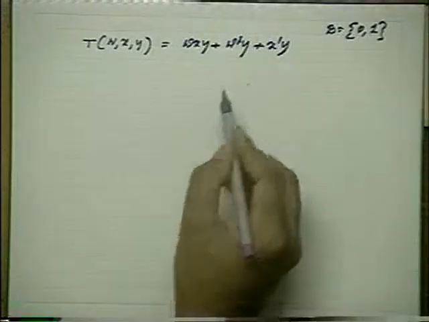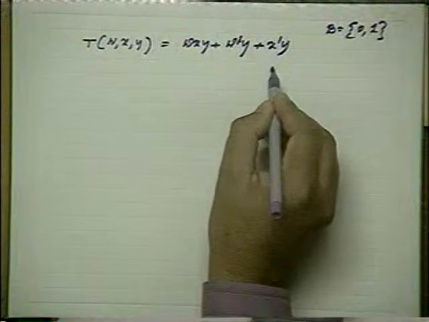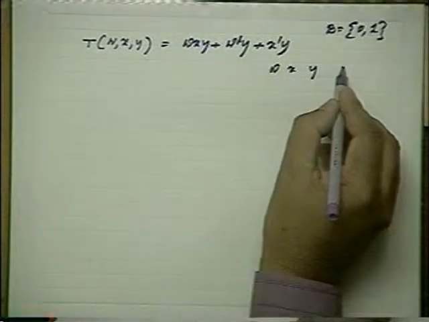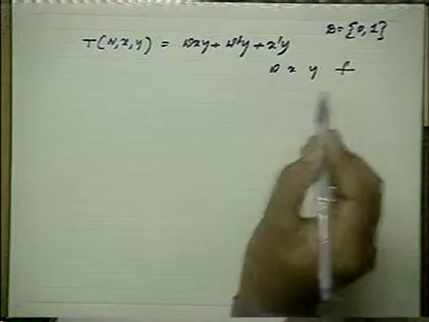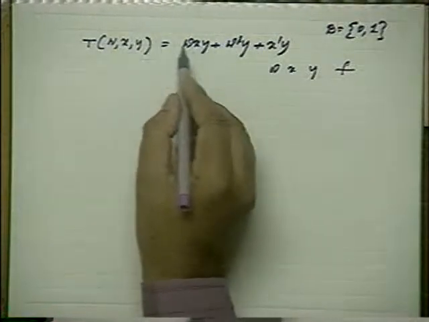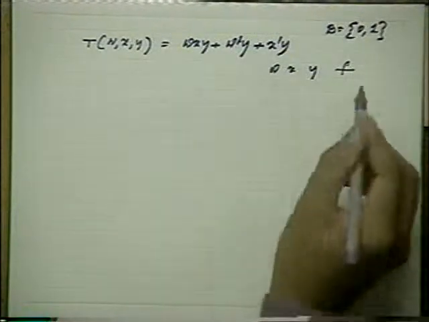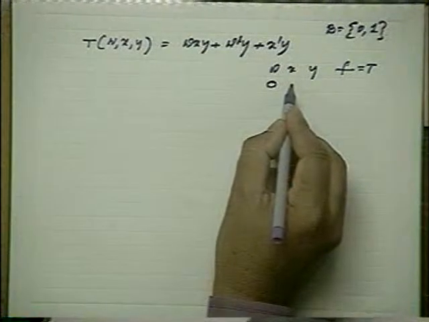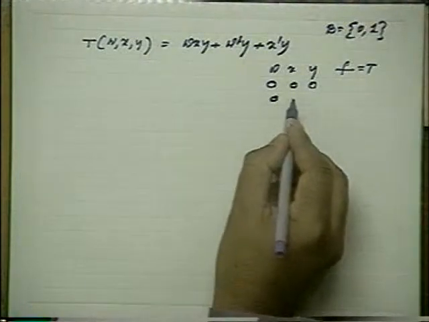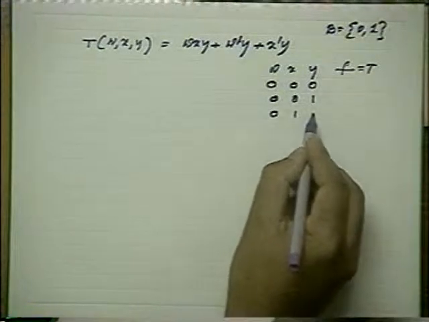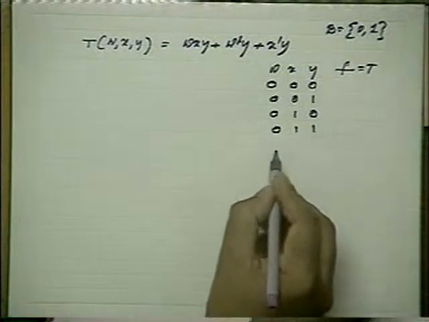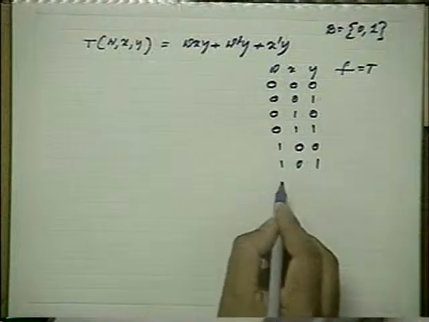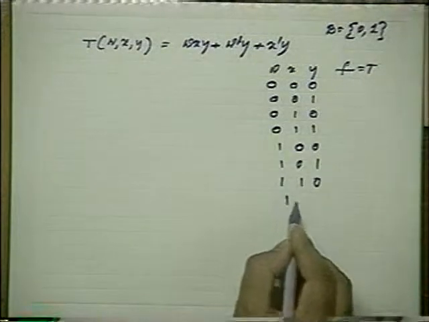For example, let us take the situation w, x, y, and the function we write is f, that is given by the switching expression, right. Say the different combinations that we can have are 0 0 0, 0 0 1, 0 1 0, 0 1 1, 1 0 0, 1 0 1, 1 1 0, and 1 1 1.